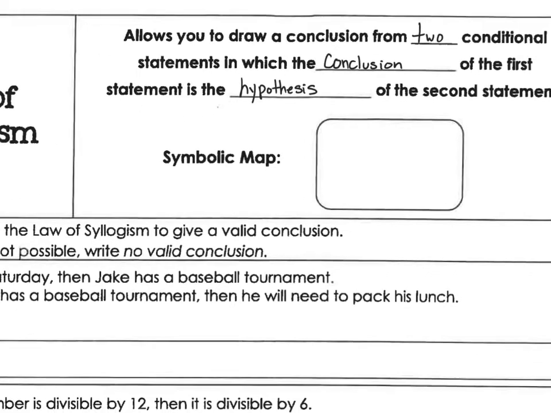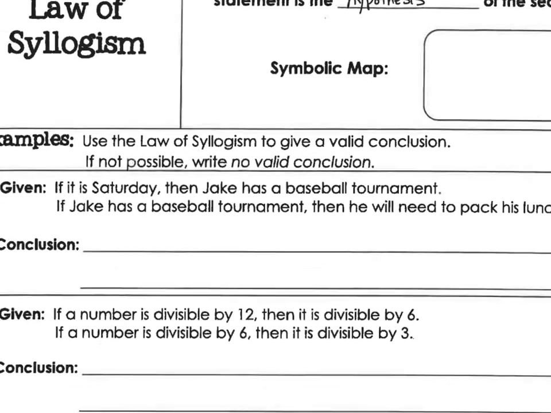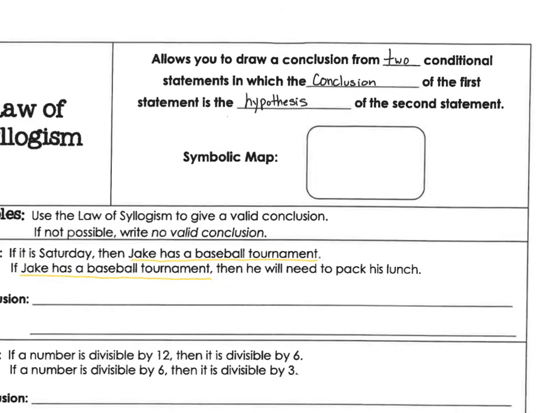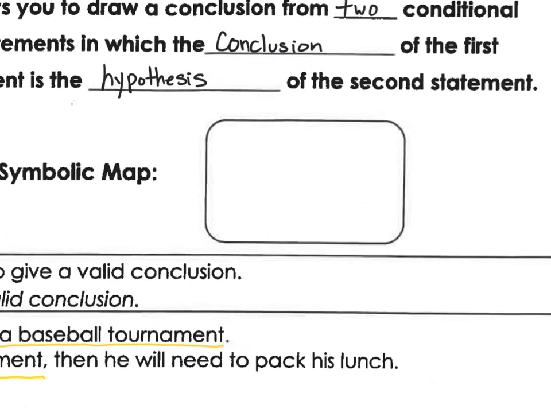So if you come down here and look, you'll notice that it says if it is Saturday. So the conclusion of this statement, Jake has a baseball tournament, is the hypothesis of this one. Jake has a baseball tournament. Okay, so that's how these statements are gonna look and work. We'll get to that in a second.